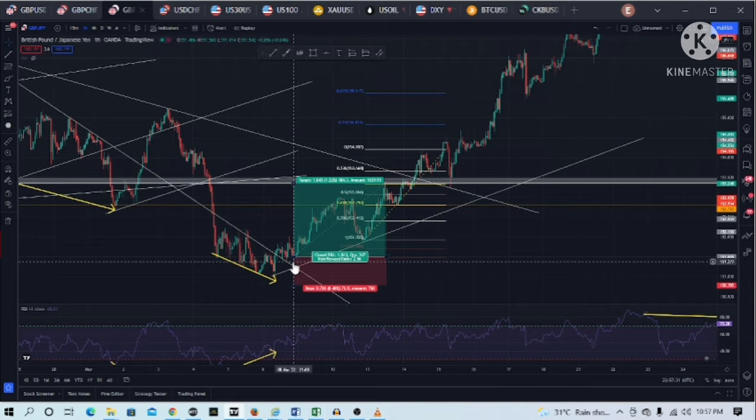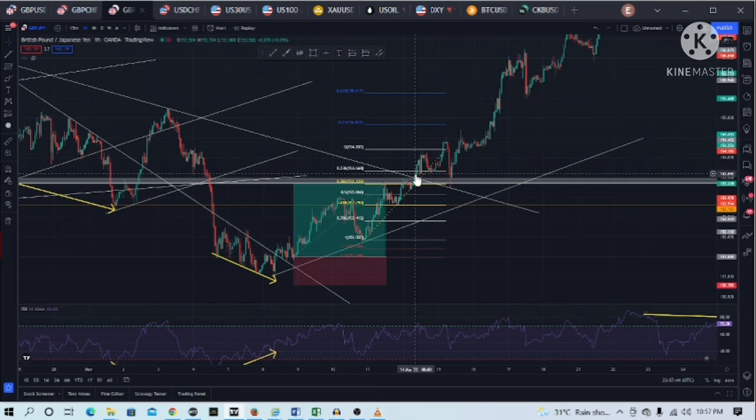I didn't add any other extra thing like Fibonacci, and price just moved. My final TP was on this level, and then price managed to break this level, broke this major structure, retested it, and then finally advanced.